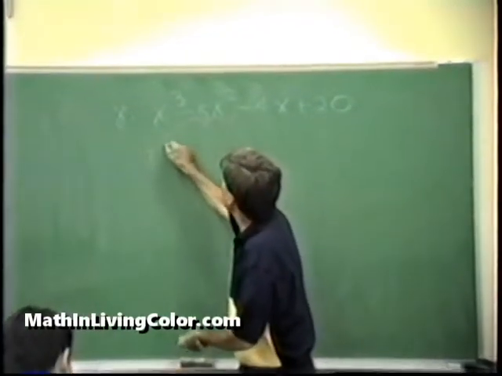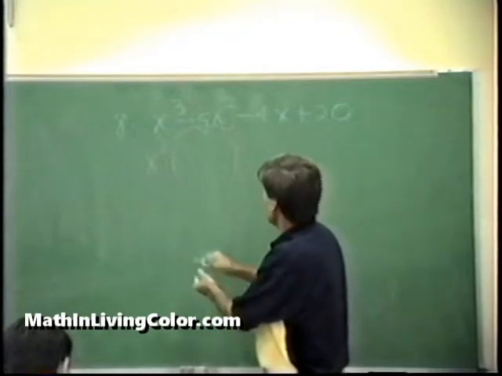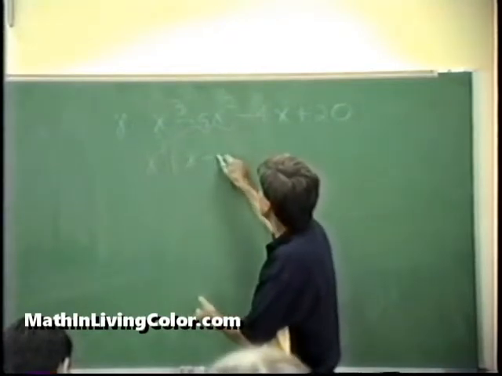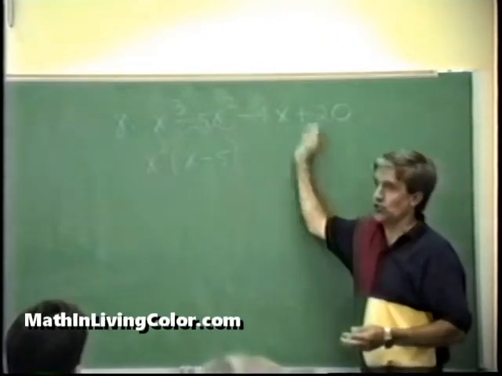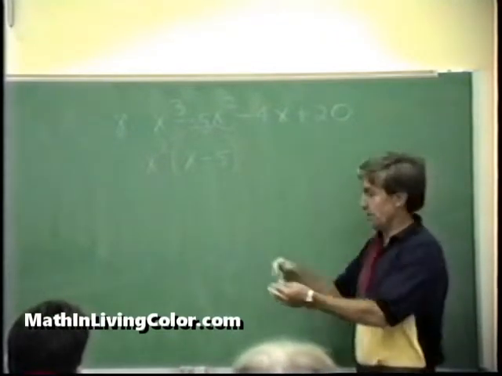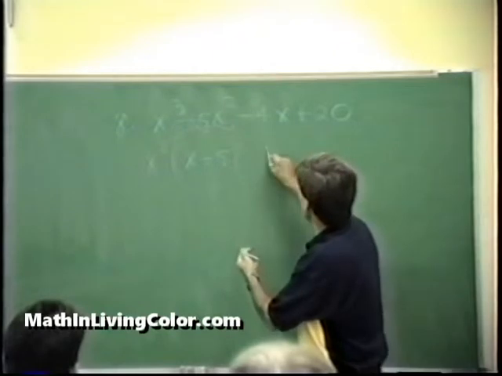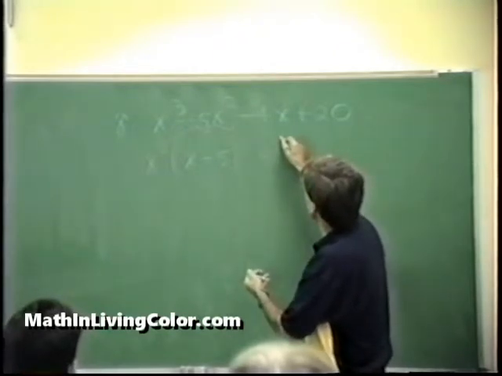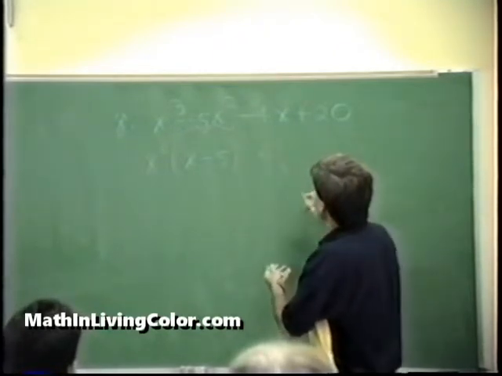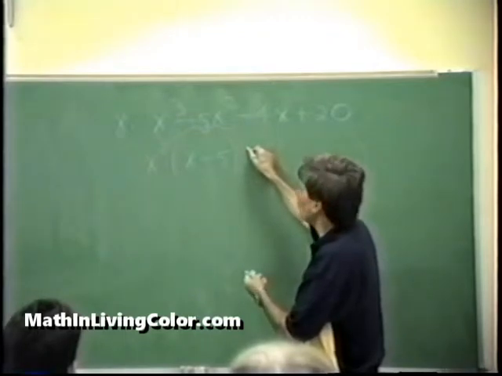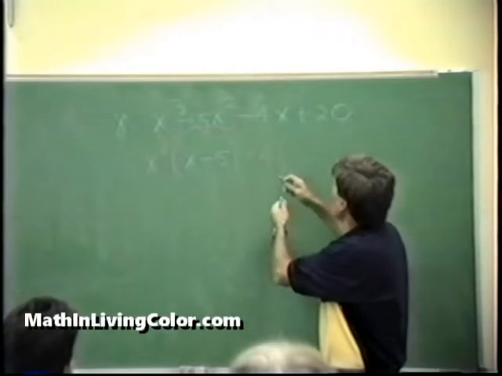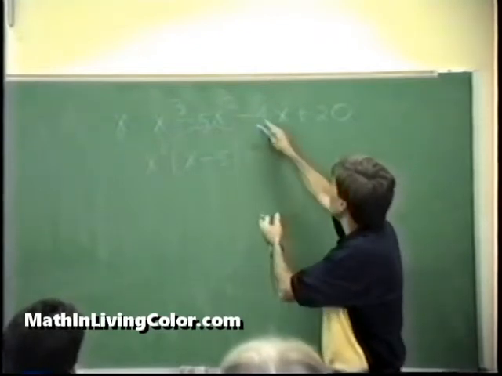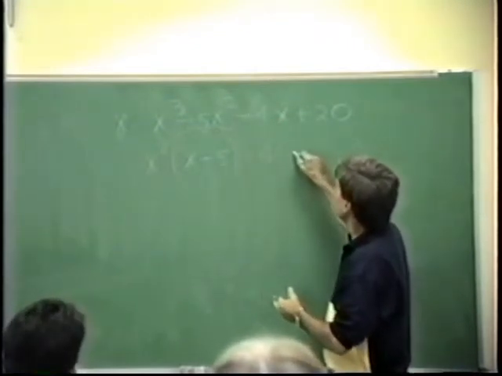So let's take out the x squared, and what's left? x minus 5. What's the common factor in the last two? 4, okay? If you took out just a positive 4, don't put the plus there yet. But if you took out a plus 4, what would be left in the first position? Negative x.